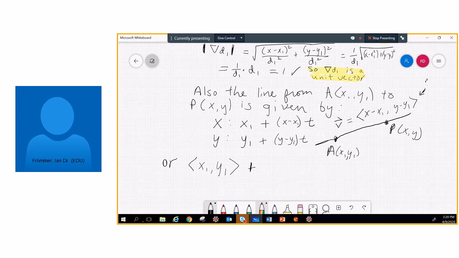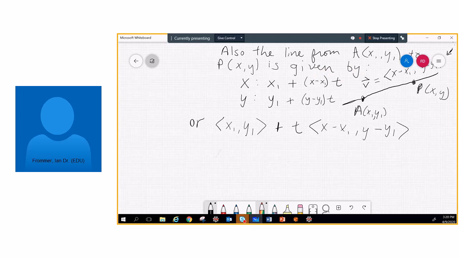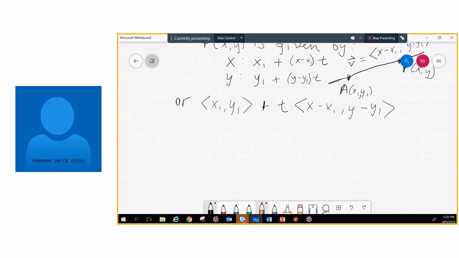Okay, I'm back. t times the vector x minus x1 comma y minus y1. And so if you go back and look at d1, remember what the gradient of d1 was. So recall, the gradient of d1 was 1 over d1, and then it was just x minus x1 comma y minus y1.